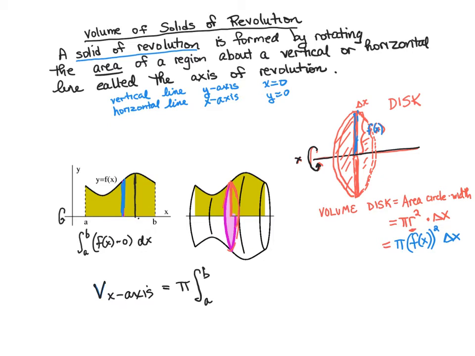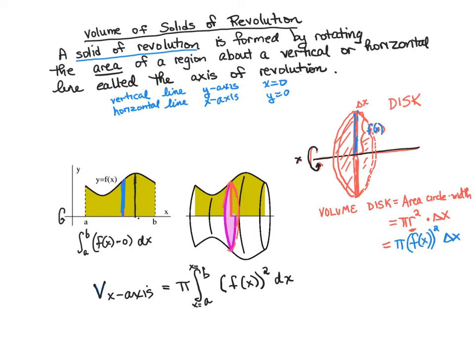But we have to square the radius, and the delta x becomes dx when we take the limit as the number of rectangles increases without bound. And remember, this is from x equals a to x equals b. That would be the integral if we revolve the region about the x-axis using the disk method.